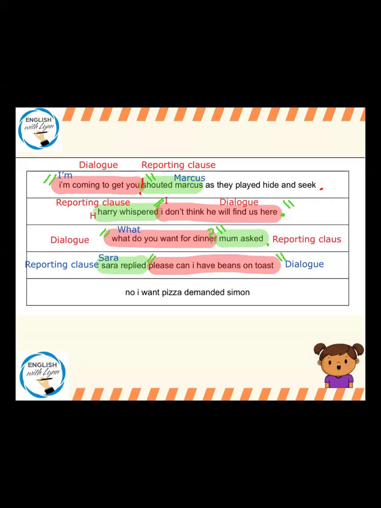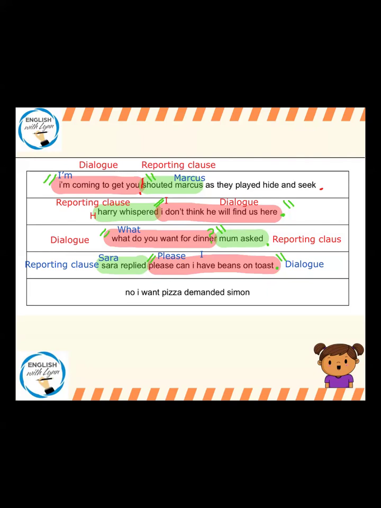Okay. And then also "I" needs to be a capital in there. So I've got my capital letters. "Please can I have beans on toast?" She's not asking a question. She's not screaming it or shouting it. So it just needs to have the full stop at the end there.